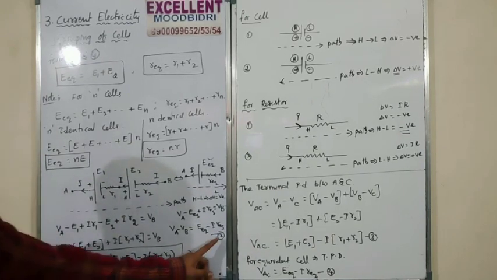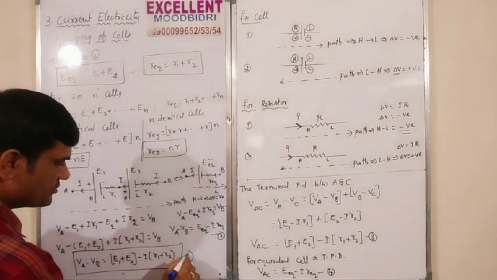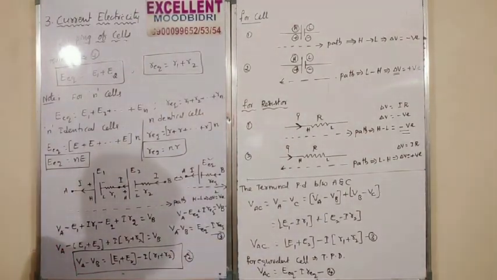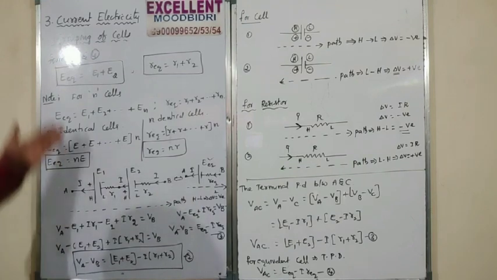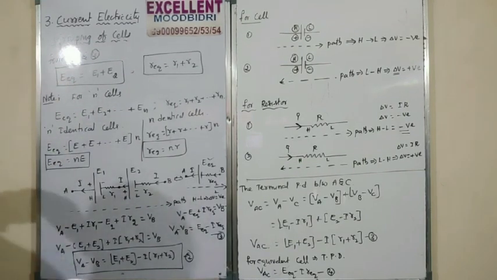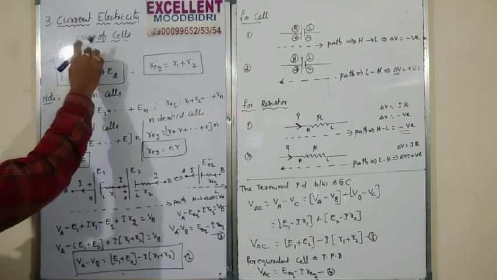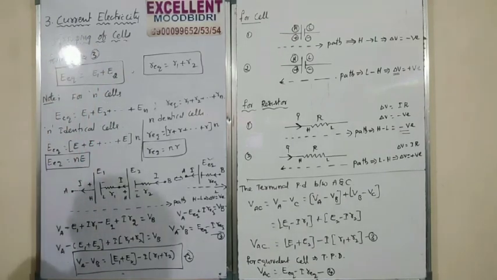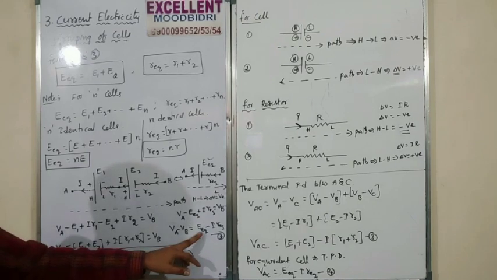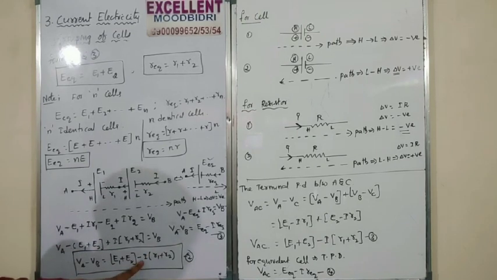From 2 and 3, both are equal, so VA minus VB we can equate. On comparison, E equivalent is equal to E1 plus E2, and I into R equivalent is equal to this one. Are you clear? This is the series combination with the help of Kirchhoff rules.